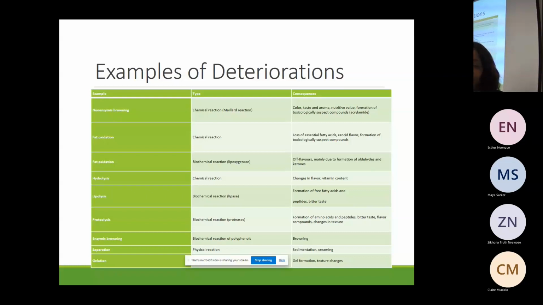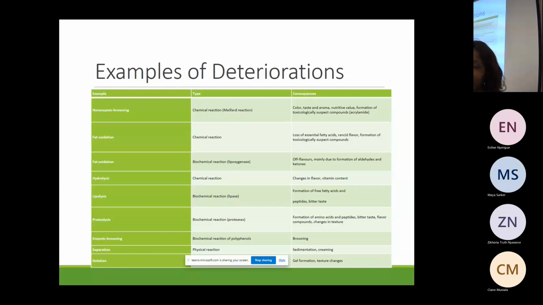Then fatty acid oxidation: this leads to loss of essential fatty acids, rancid flavor, and also formation of toxicological suspect compounds. In some situations, if you look at biochemical reactions, this fat oxidation can bring about off flavors, which might be due to formation of aldehydes or ketones.